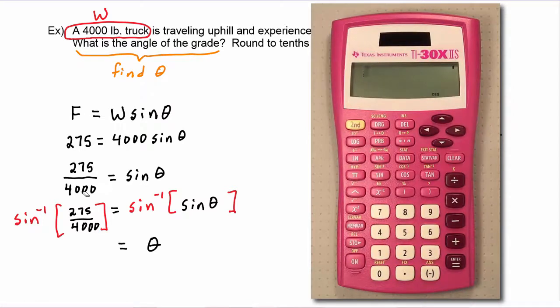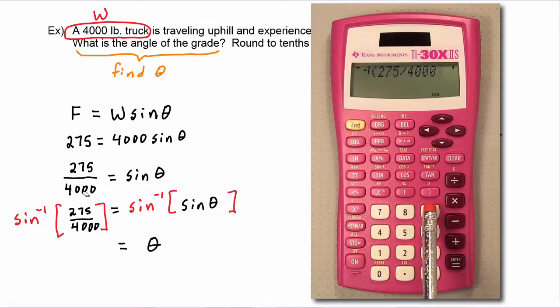This one involves an inverse trig function, so we'll hit second, then go to the sine button to get sine inverse, enter 275 divided by 4,000.